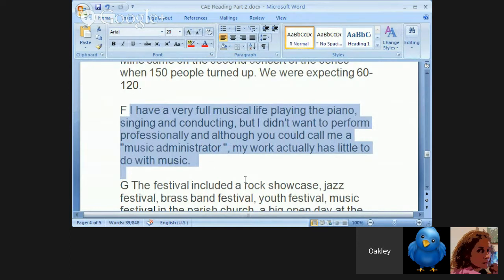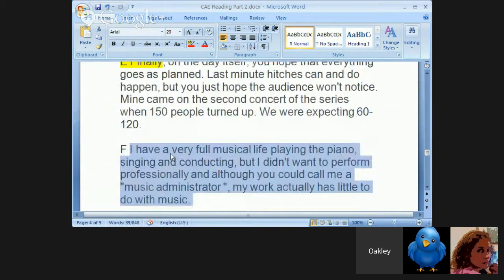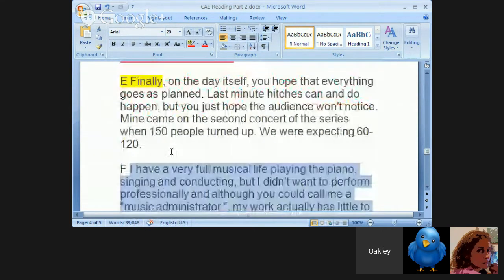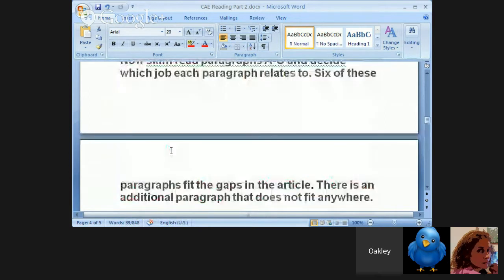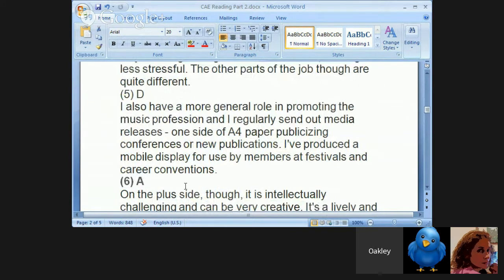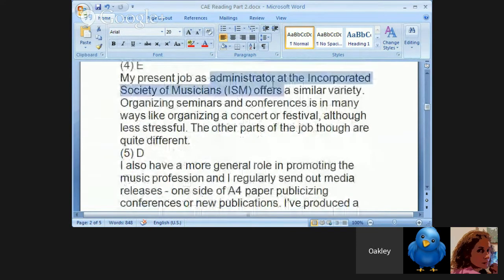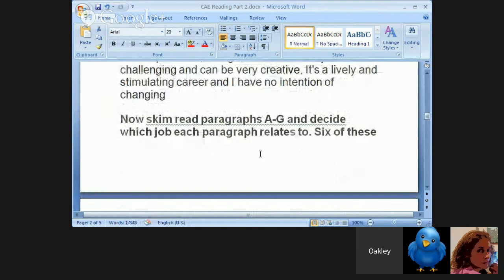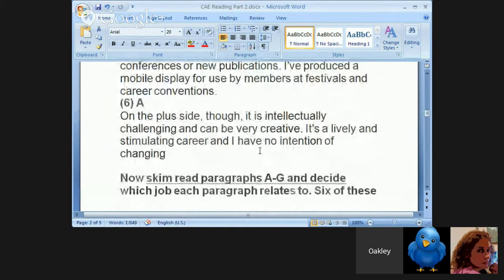Okay. Now, F, frankly, seems like it could be the final paragraph, if, in fact, there was a paragraph 7. That's what it seems like. F would be 7, because he talks about being an administrator. So I think the other parts of the job.